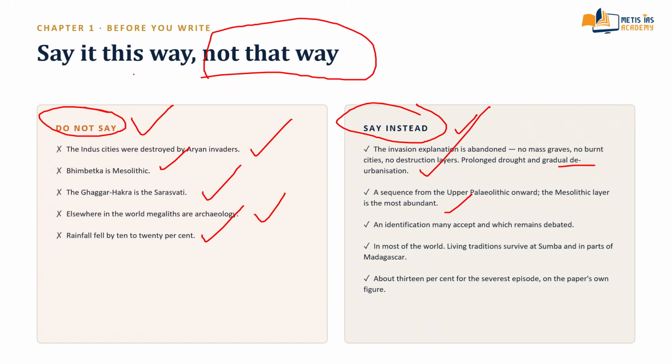And an identification many accept, which remains debated. In most of the world, living traditions survive, as among the Sumba and in parts of Madagascar. About 13% of several severest episodes, on the paper's own figure from the IIT paper.